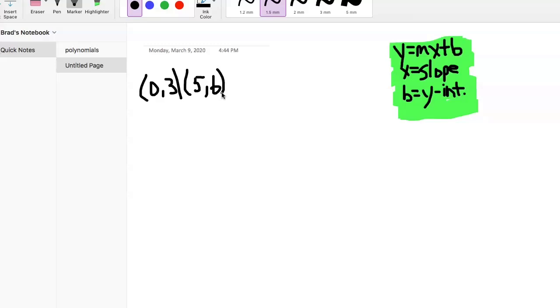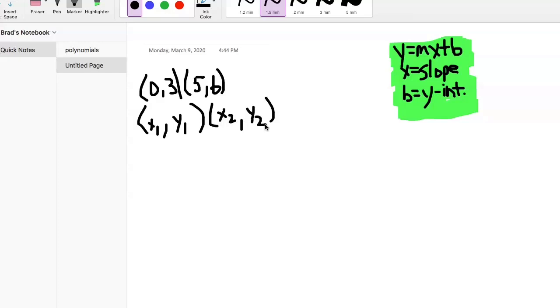Okay, here's the second one. They say, given these two coordinates, (0, 3) and (5, 6), find the slope. What you need to know here is that when they give these coordinates, this is x1, y1, and this is x2, y2.